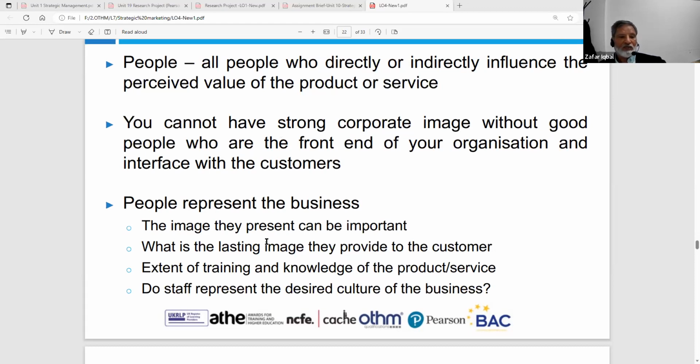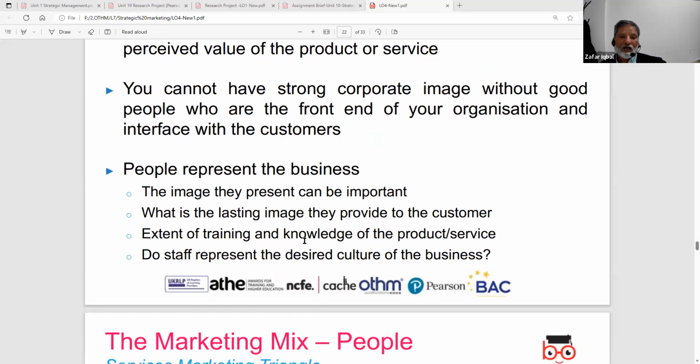They are there to serve the community and the customers. They are there to train and make sure the customer knows what they are buying or selling. They also represent the organization's culture and the nature of the business.